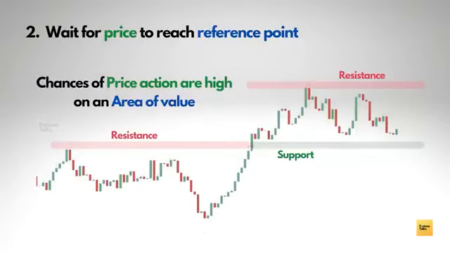After you have figured out a reference point, the second point is to wait for the market to reach that particular reference point. No matter where the price is trading right now, for a price action trader to make any sort of conclusion with the prices, it has to be in an area where there is potential interest from the side of the market participants, or simply the price should be at an area of value.